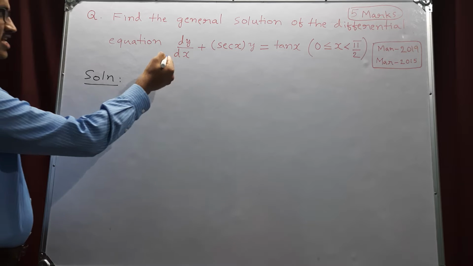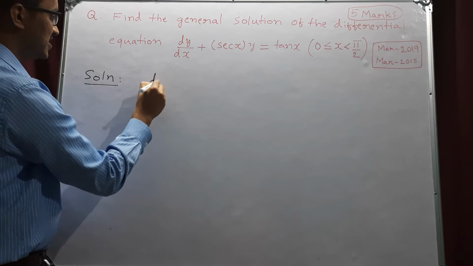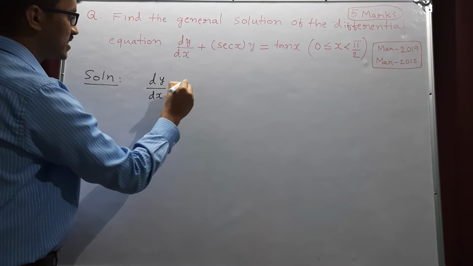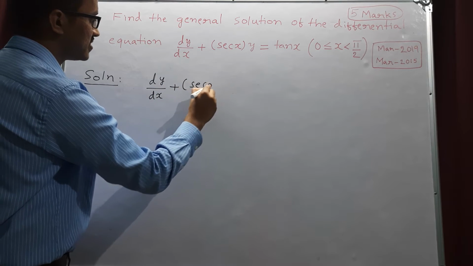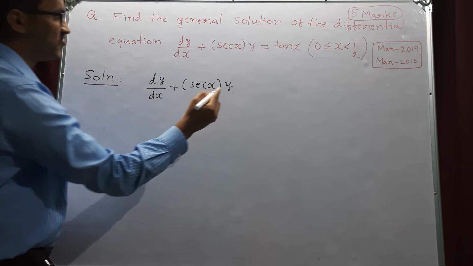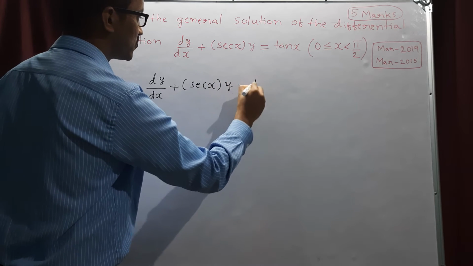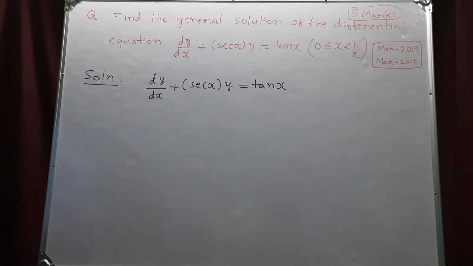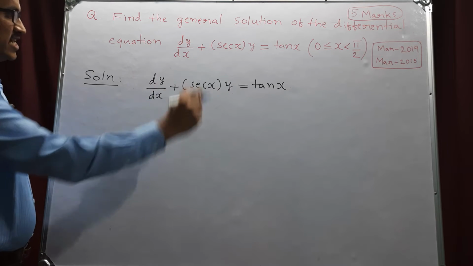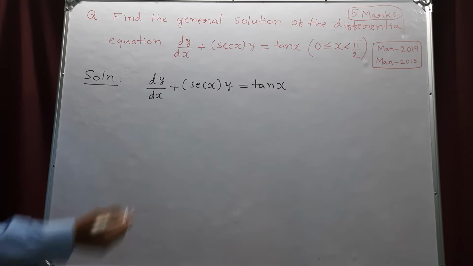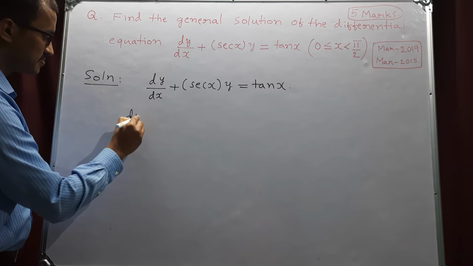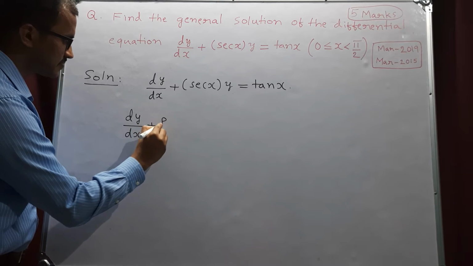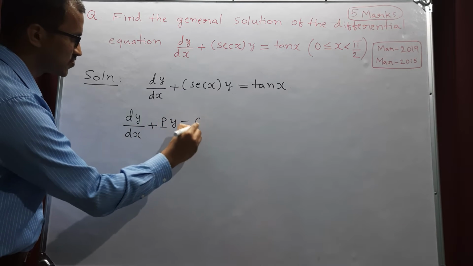Here the given differential equation is dy by dx plus secant x into y is equal to tan x. So this is a linear differential equation of the form dy by dx plus py is equal to q.